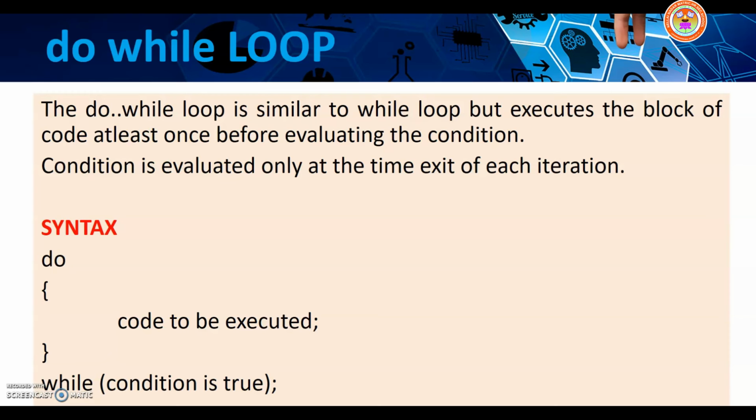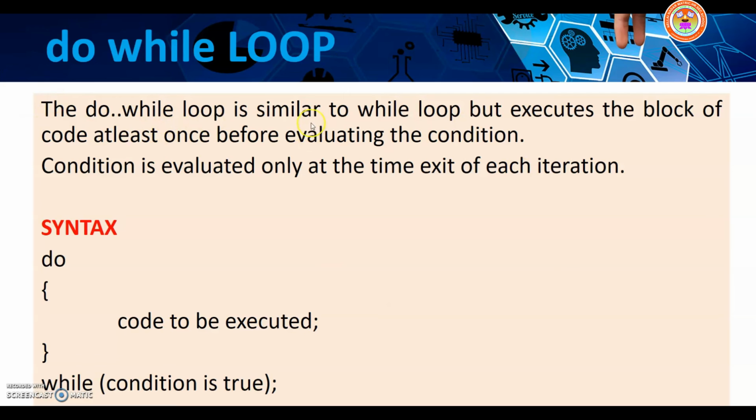Do means immediately it will execute the set of code. After coming out only, it will check the condition. So this loop is considered as exit check loop, whereas that while loop is entry. While entering in the loop itself, the condition is available, so it is called as entry loop.